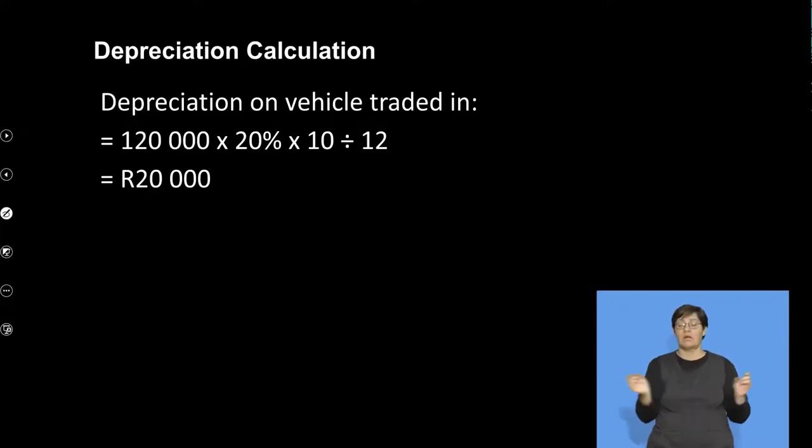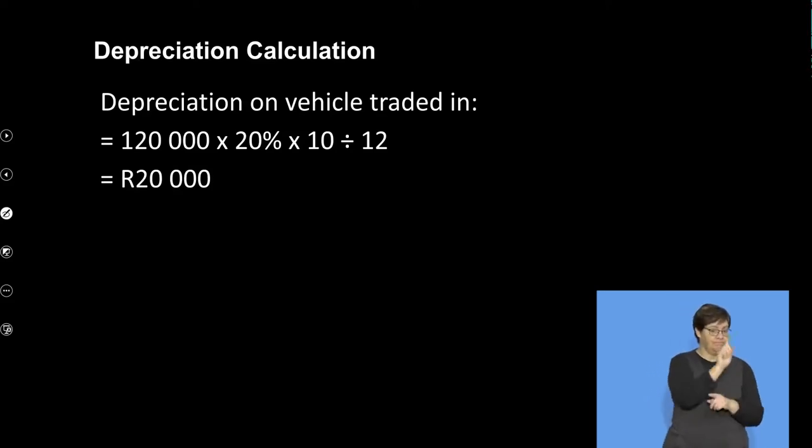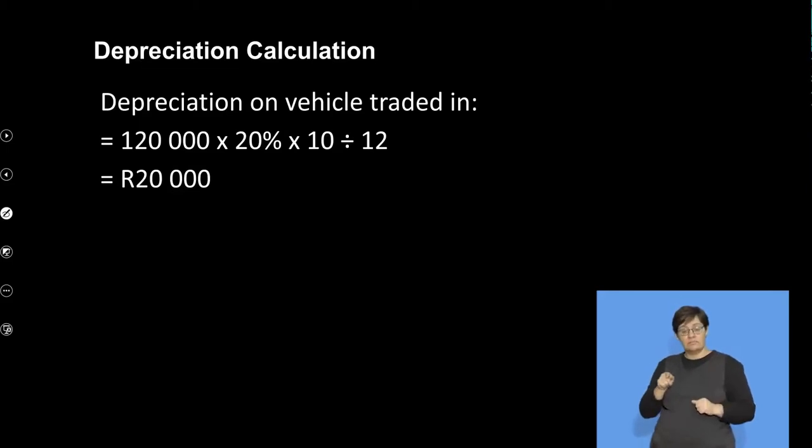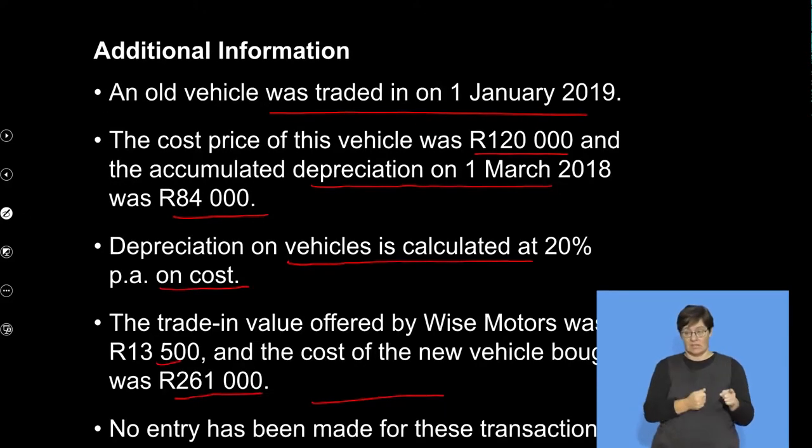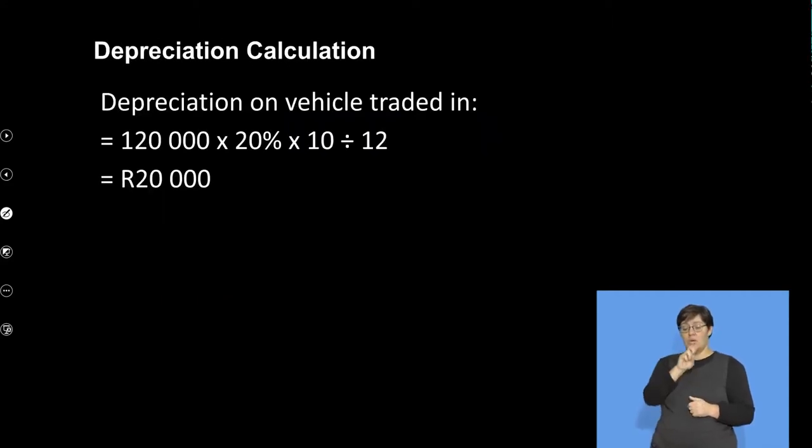So let's start with the depreciation on the vehicle that we traded in. Step number one, we're calculating now the depreciation on the sold vehicle or the traded in vehicle. Take your cost price, which is, they told you here, 120,000. Therefore, you take 120,000 as your A, right?